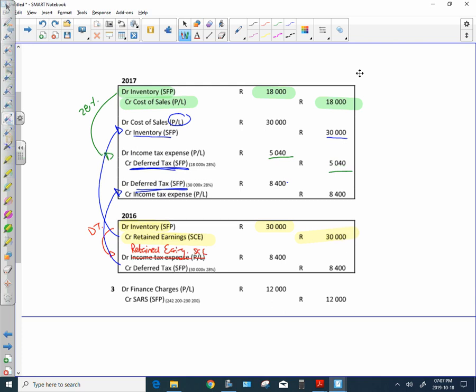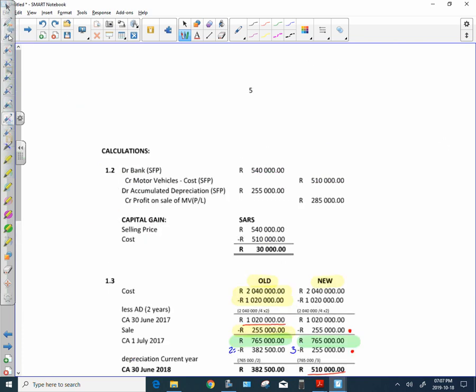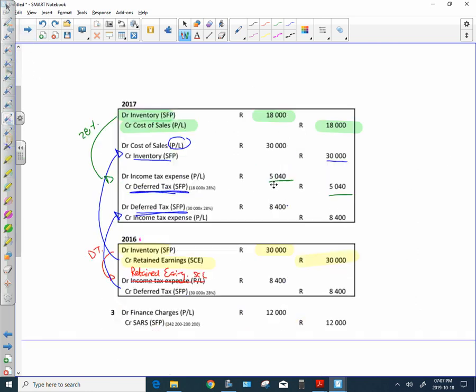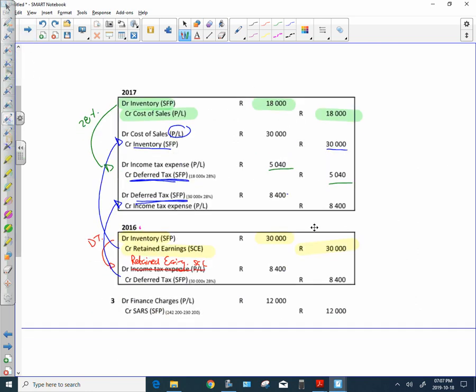Okay, the statement, physical statement of profit and loss for the 2016 year. You don't see a P&L reference anywhere there. Right, so that means P&L section over here, not affected. However, what I did affect is my inventory balance.